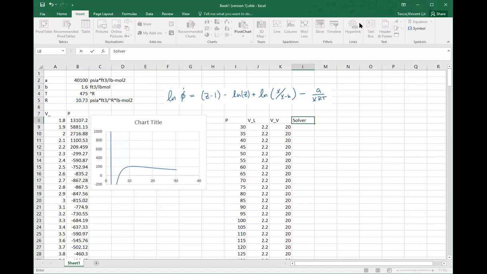So this column I'm going to call solver for V sub L. Right, and in this column I'm going to solve the van der Waals equation of state such that it's equal to 0. So I'm going to put everything on the left-hand side.